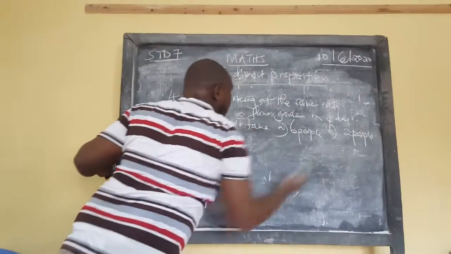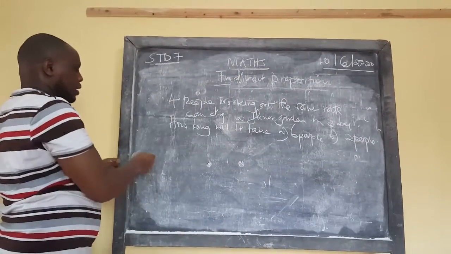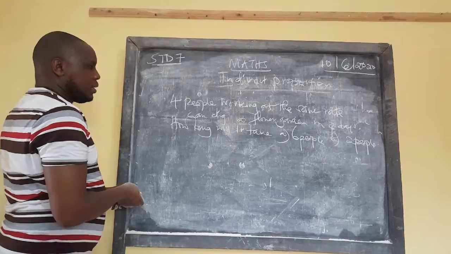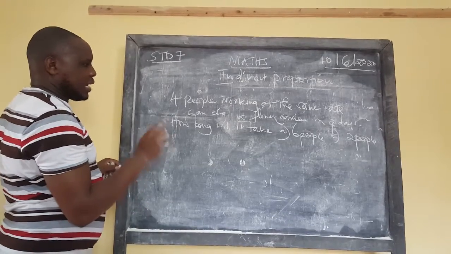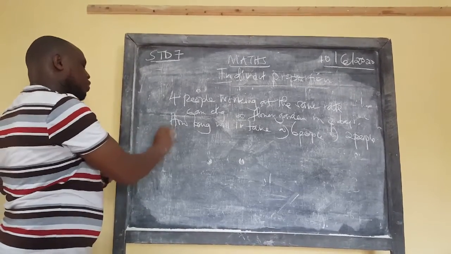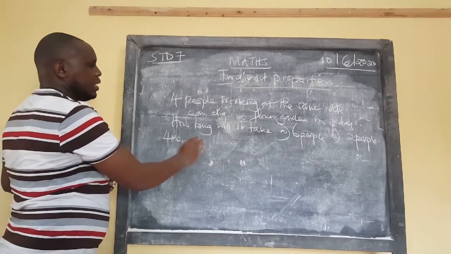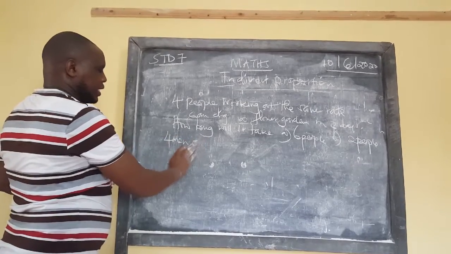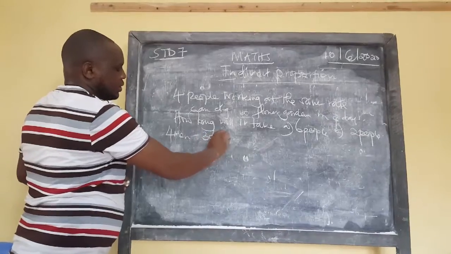Very simple. You come here and say 4 men working at the same rate can dig a flower garden in 3 days. So 4 men will take 3 days.